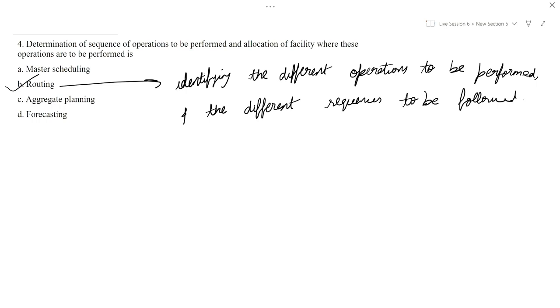About master scheduling and aggregate planning, we will be discussing in the further questions.